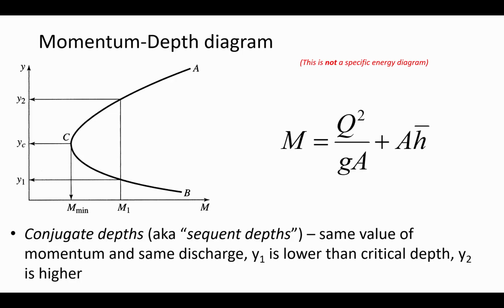It just means two different depths that have the same amount of momentum. One is a supercritical depth, the other is a subcritical depth. And the point that's furthest to the left is still an important point. That is the location with critical depth and a minimum amount of momentum.